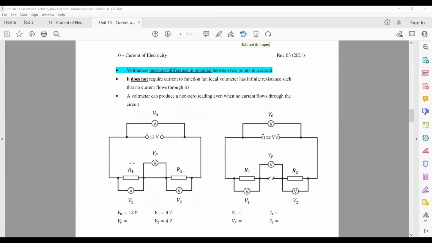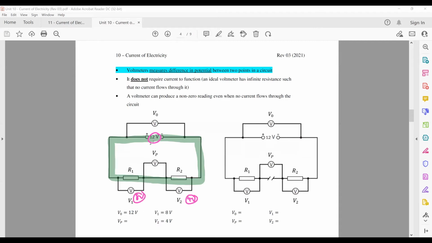So let's look back at this diagram here. Look at the diagram on the left. You have this circuit here, like this. We tell you that this circuit has an EMF of 12 volts and a PD of 8 volts and 4 volts.